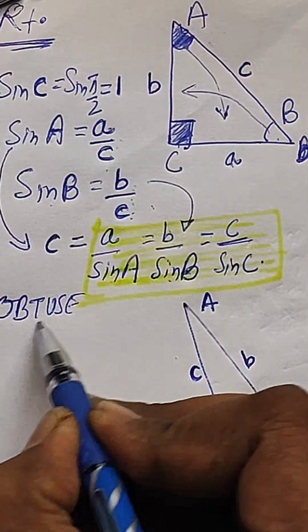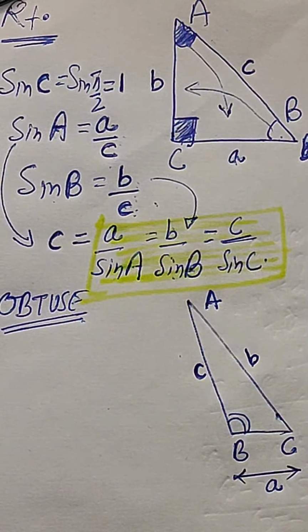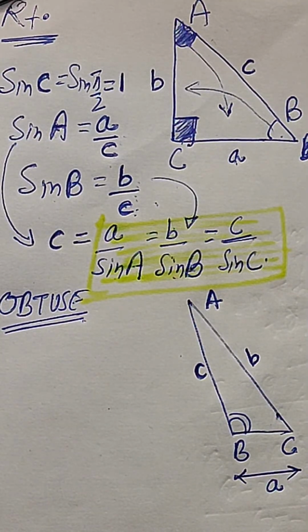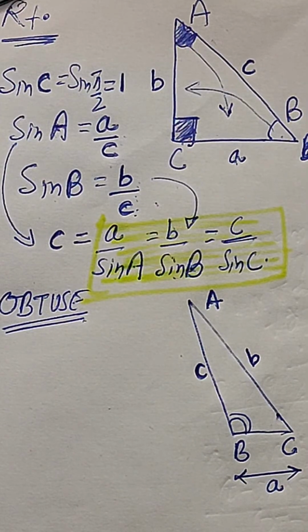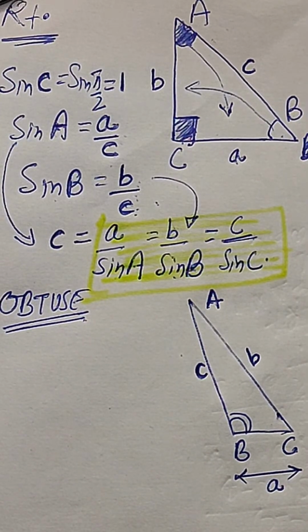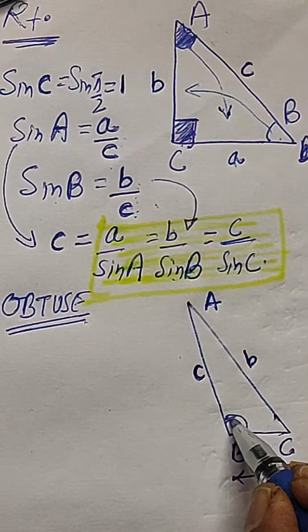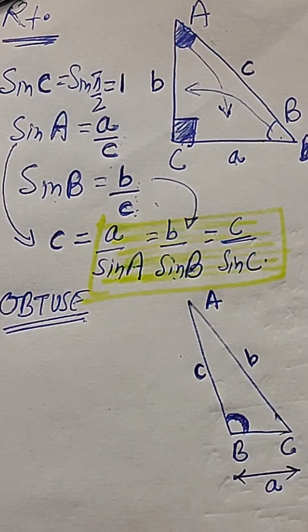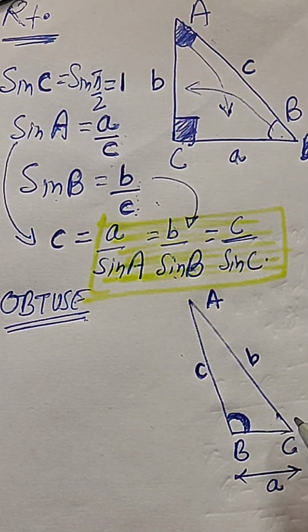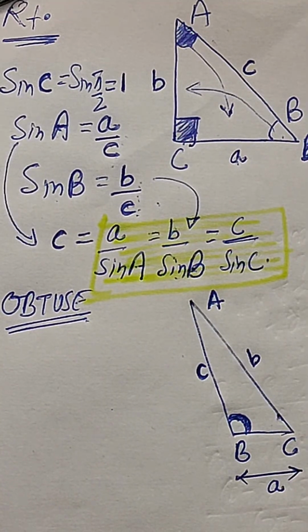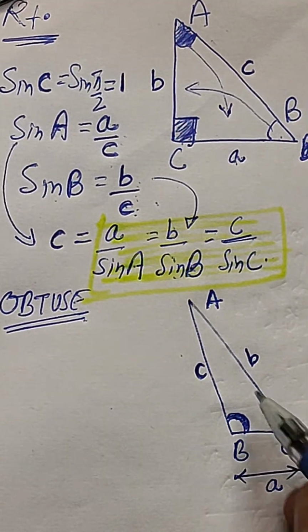How does the sine rule come for an obtuse angle triangle? As we have proved earlier, what is the value of sine C?